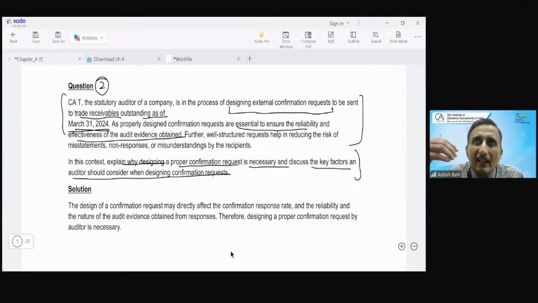If the confirmation request is properly designed, it is clear, there is no confusion, there is no ambiguity in it, then the chances would increase that the third party to whom the request has been sent would reply, and the response would also be proper. Okay, so this is written here.